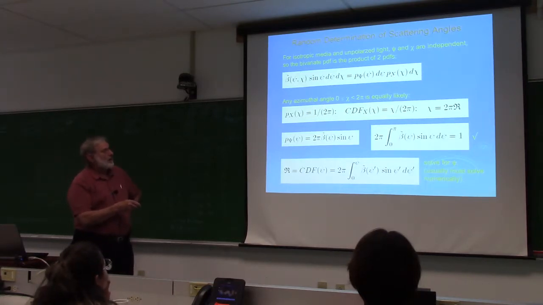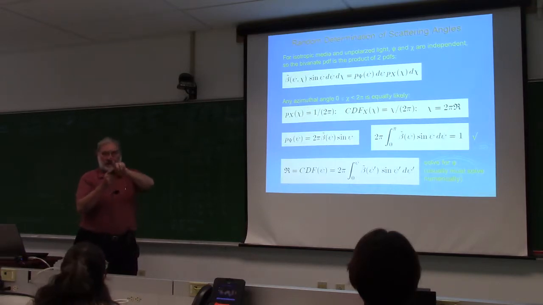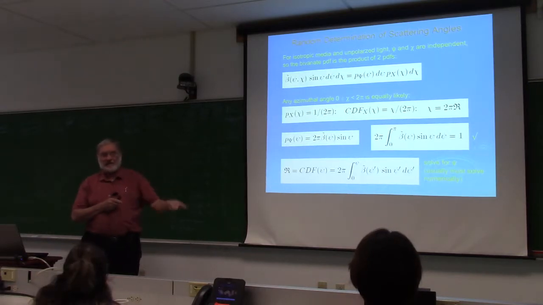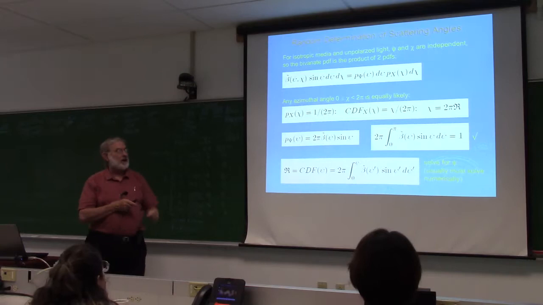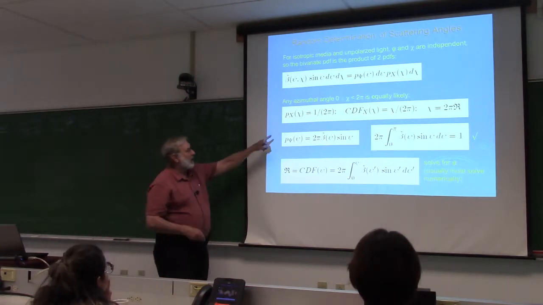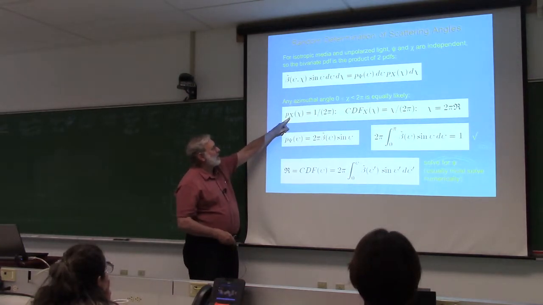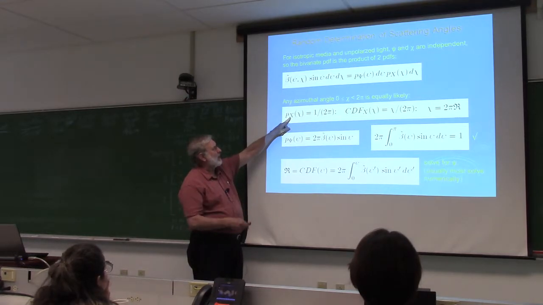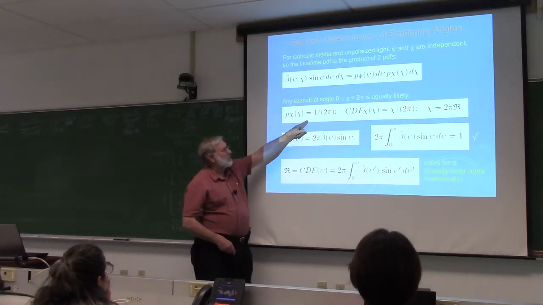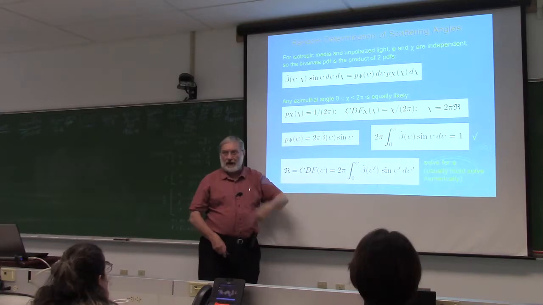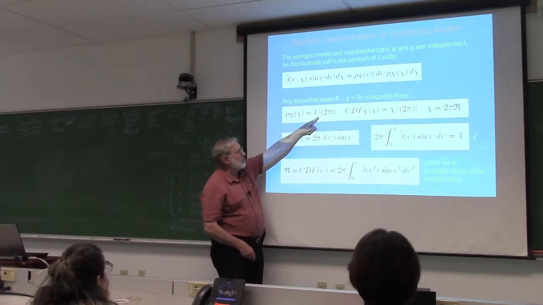So the azimuthal angle is going to go from 0 to 2 pi. If we assume things are azimuthally symmetric, then any angle from 0 to 2 pi is equally likely. And so I say, okay, I get it. The probability of going through an angle chi is just 1 over 2 pi. It's equally likely to have any value from 0 to 2 pi.